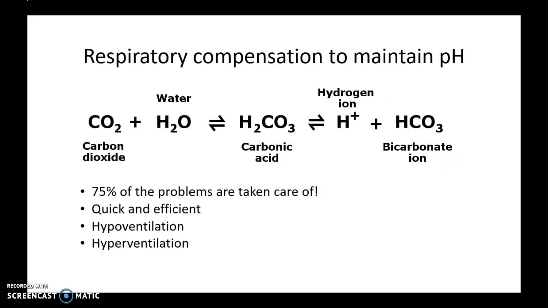Looking at the respiratory compensation mechanisms, if the pH gets too acidic or too alkaline, 75% of the problems are taken care of by the respiratory system. This is a quick process and also quite efficient. When we hypoventilate, that means we are trying to conserve carbon dioxide.